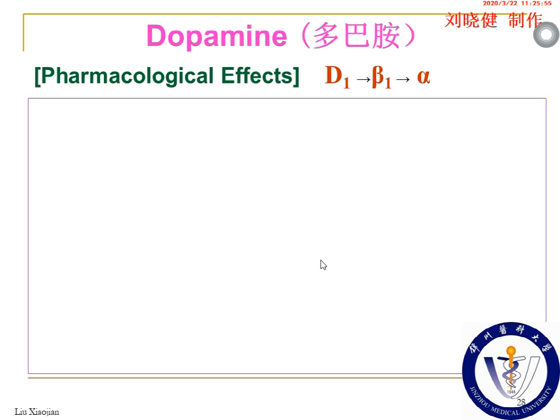This receptor is the most sensitive to dopamine compared with other receptors, higher than the beta-1 and alpha-1 receptor. The alpha receptor can be activated by dopamine, but it is the least sensitive to dopamine.